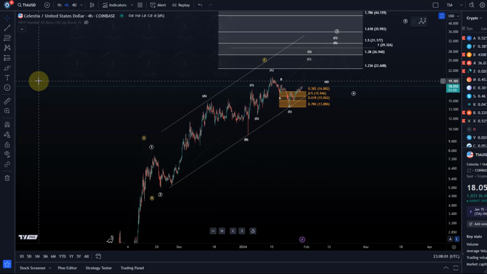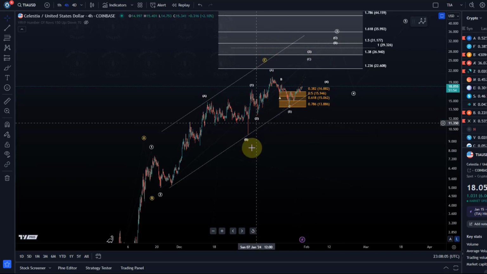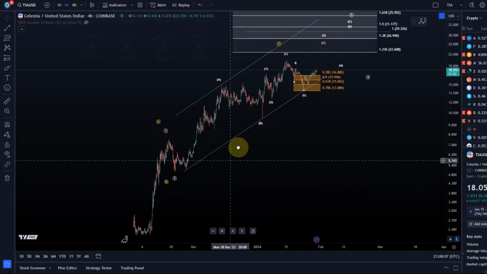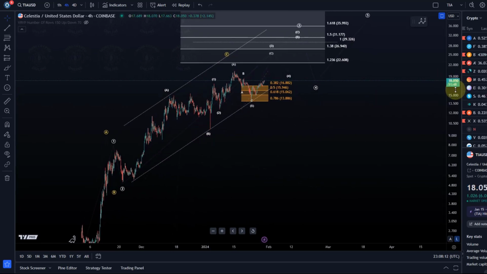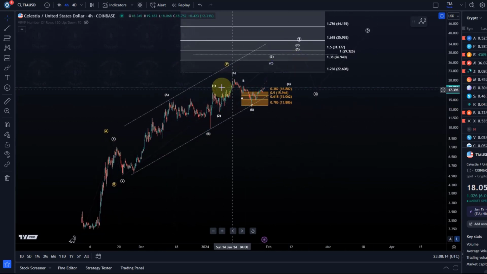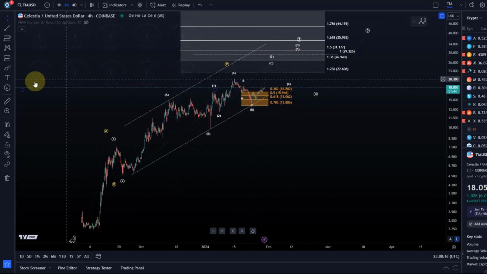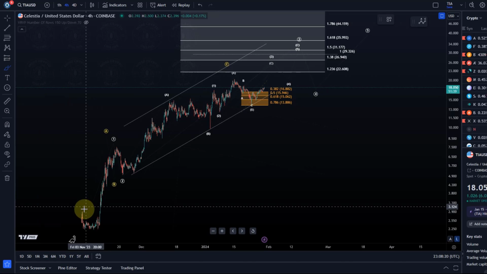So all we can do is to highlight what really needs to happen for the price to maintain the current trend. So the idea is that obviously there are two wave counts, the white one and the yellow one. The white one is more bullish. The yellow one basically could top at any time. In the yellow one, we're simply dealing with an ABC structure.